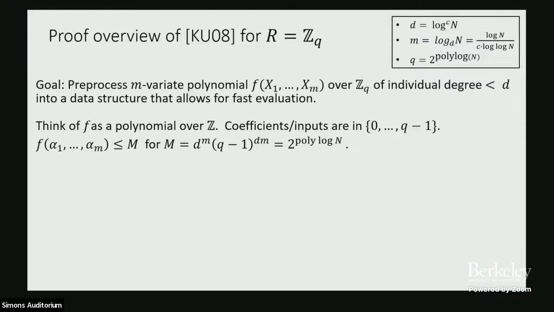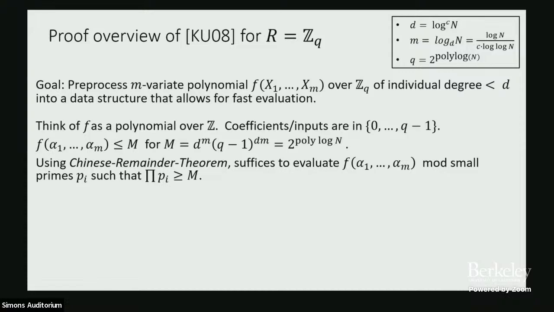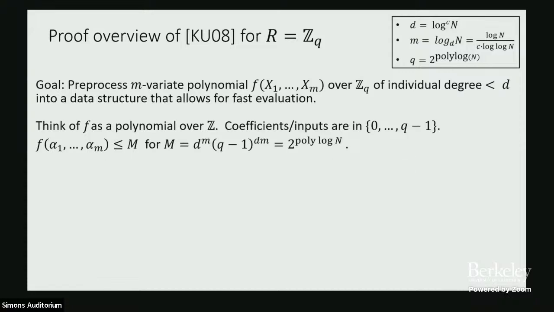And then we can bound the output size of this polynomial by this capital M, which is 2 to the power polylog n. So the output doesn't get too crazy because it's low degree, few variables. As an integer, the output is not too big. And now we're going to use the Chinese remainder theorem. Q is slightly super polynomial. There's going to be a security parameter in there.